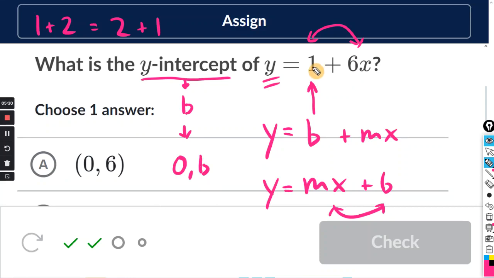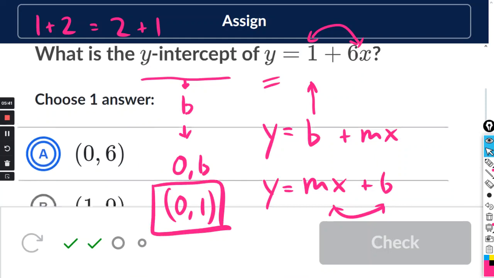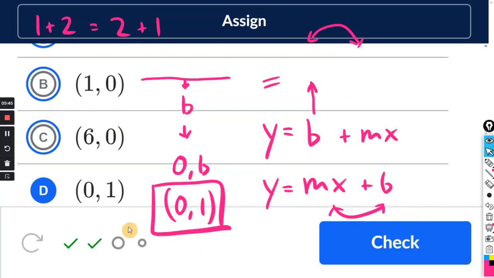We said that b is 1, so it's going to be 0, 1. That's the answer we look for. It's not A, not B, not C, but it is D. Remember, the x-coordinate for the y-intercept is always 0, and the value of the y-intercept b is your y-coordinate.